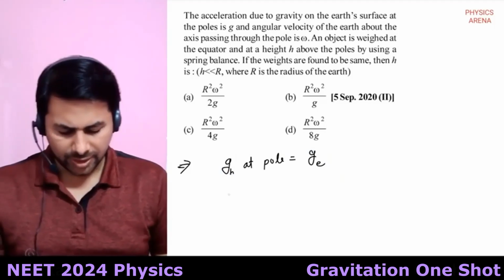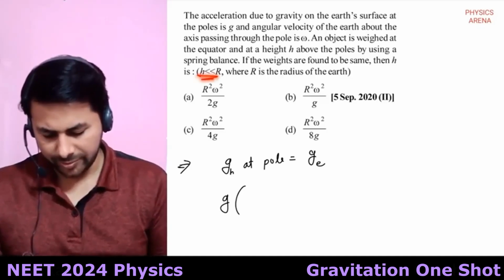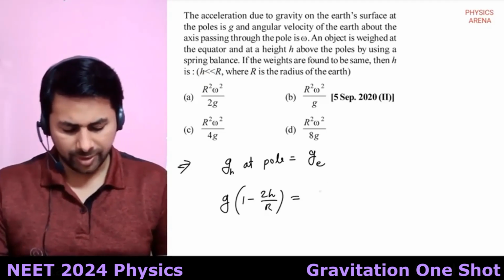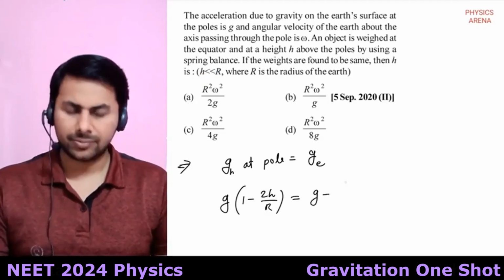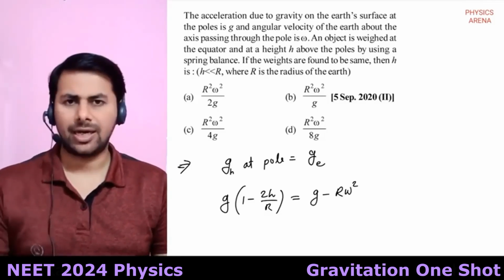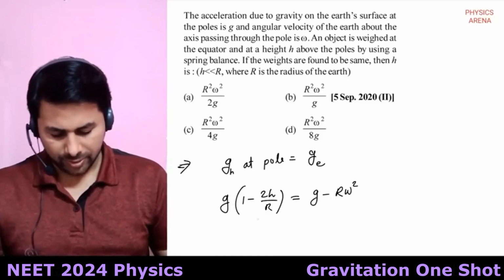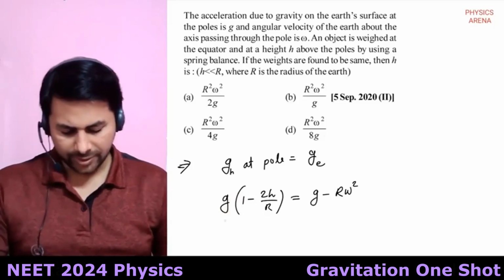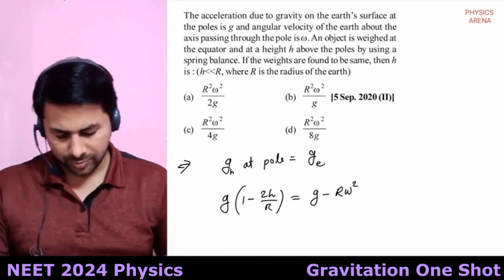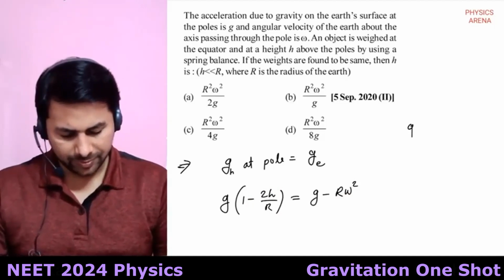This is g times, and h is very, very small, so 1 minus 2h upon R. And at the equator it is just g minus R omega square, since cos 0 is 1. If you multiply this, g gets cancelled, so you have g multiplied by 2h upon R is equal to R omega square.